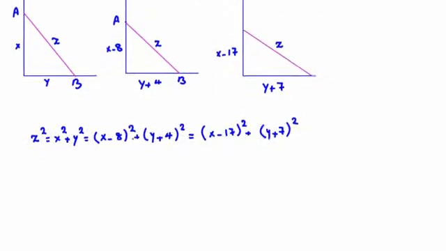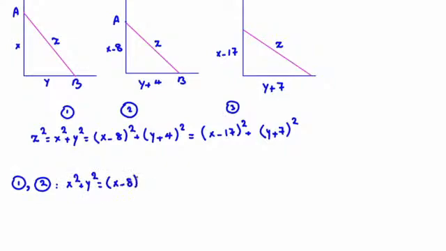Okay, now let's consider it is first term, second term, third term. First term equals second term equals third term. If we consider first term and second term, x squared plus y squared equals x minus 8 squared plus y plus 4 squared.